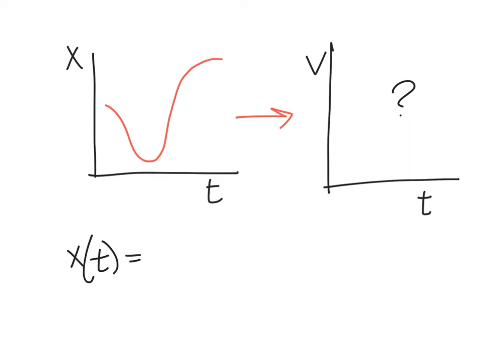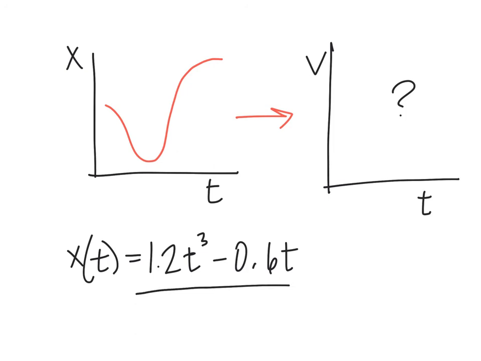It might be something crazy looking, like 1.2 t cubed minus 0.6 t. It's not going to have the same degree as our other formulas. But if we can describe the way the position changes with some sort of function, we're going to be able to determine from that another function that tells us how fast it's going. That's what calculus does for us.